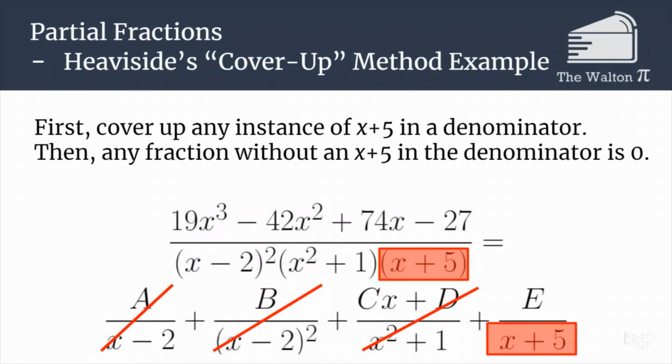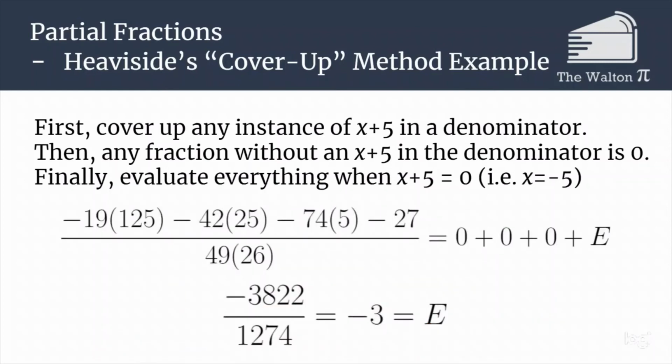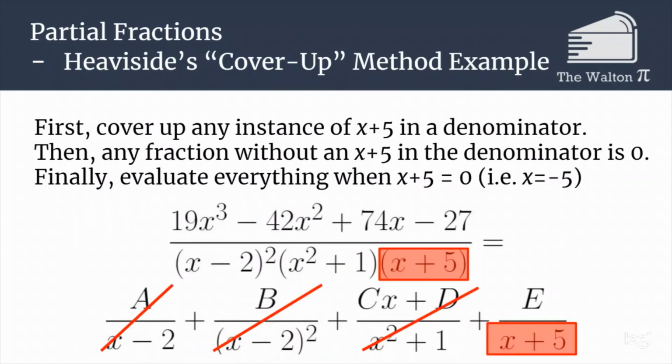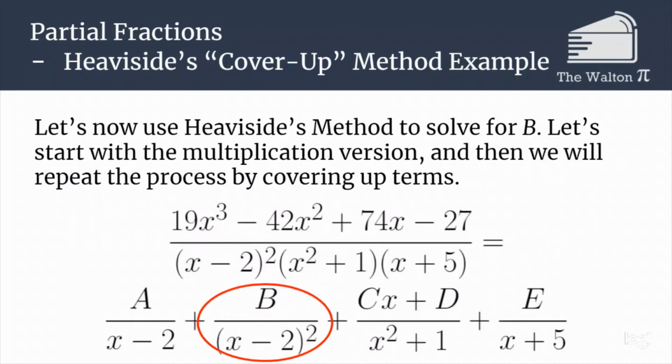We can then evaluate everything when x is negative 5, or in other words, when the denominator of the fraction with e would have been 0. So that's going to mean that we can plug in negative 5 everywhere we have an x that was not crossed out or ignored, and then we are able to quickly jump straight to e. And so that's why this has the nickname of the cover-up method. We can also use it to solve for b.